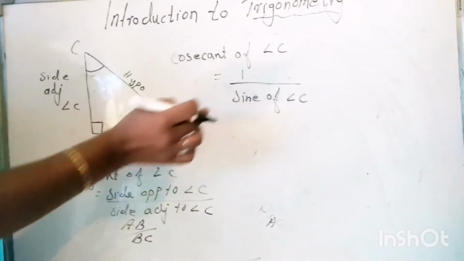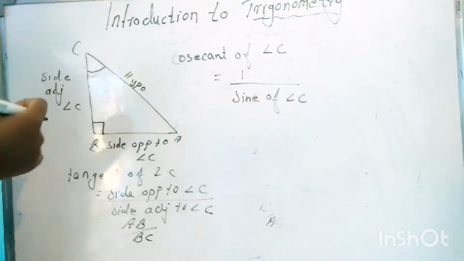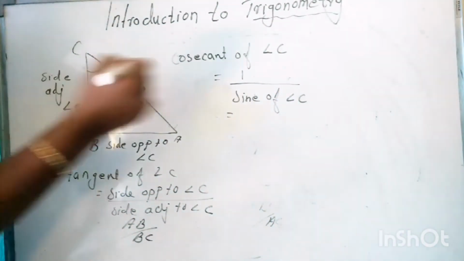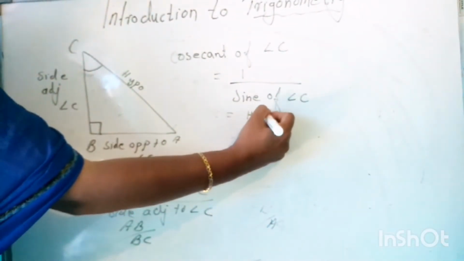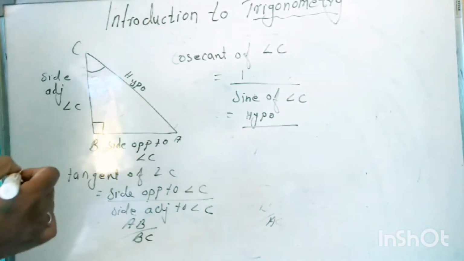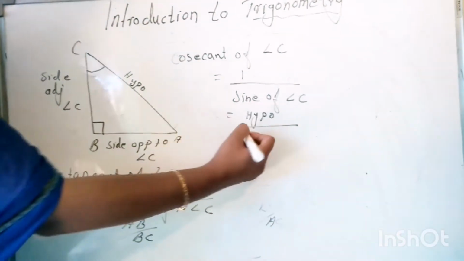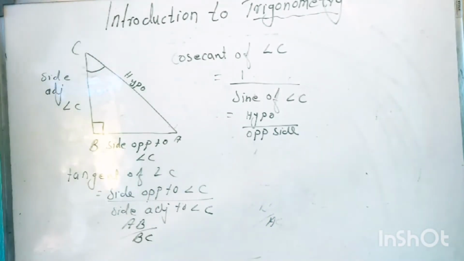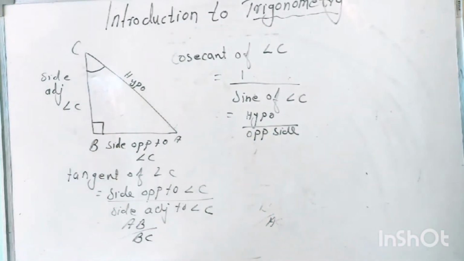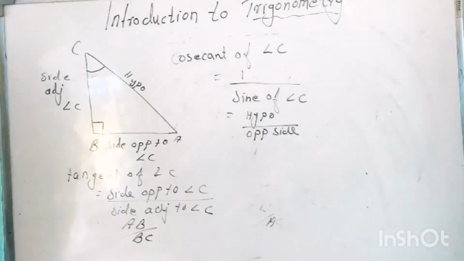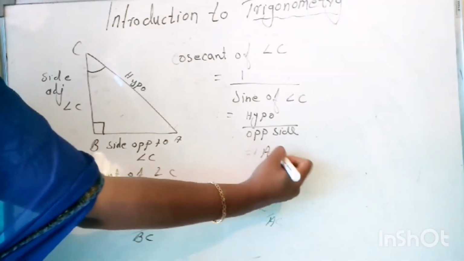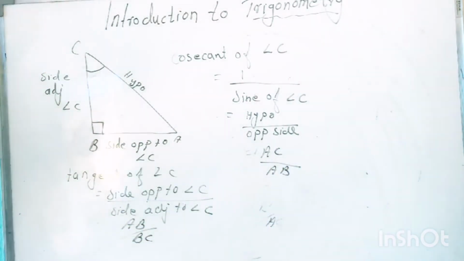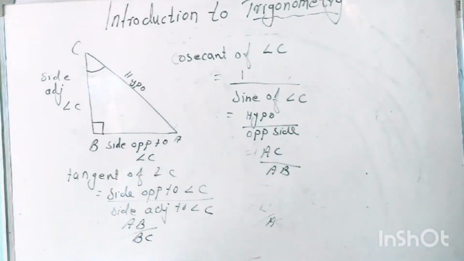We know that sine is opposite side divided by hypotenuse. Then cosecant is hypotenuse divided by opposite side, that is hypotenuse AC divided by the opposite side AB. So AC divided by AB is our cosecant.